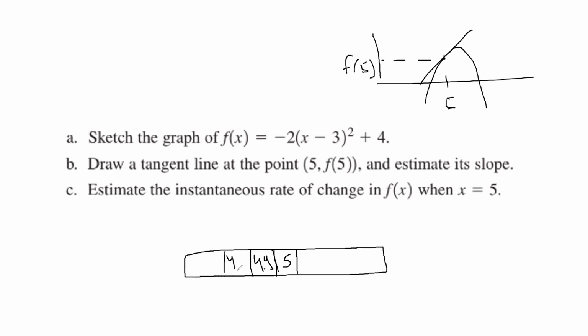Let's say 4.8, 4.9999. Do I have to go down that far, or can I just choose like 0.1? You just need to choose. Look, they ask you to estimate its slope.